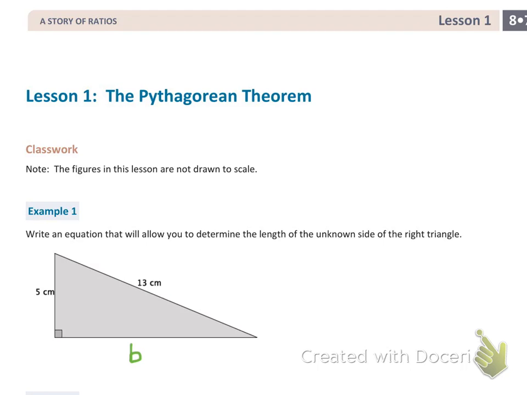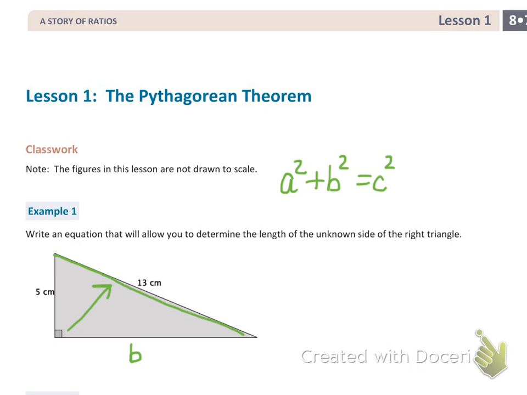Okay, so as I write this equation, I'm going to keep in mind the Pythagorean Theorem. Okay, and one thing I might not have mentioned again is that if you don't know in a given triangle what the hypotenuse is, just know that it's always going to be the longest side, and it's going to be the side across from the right angle.